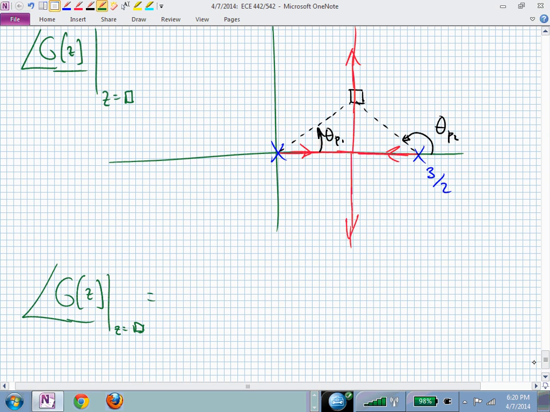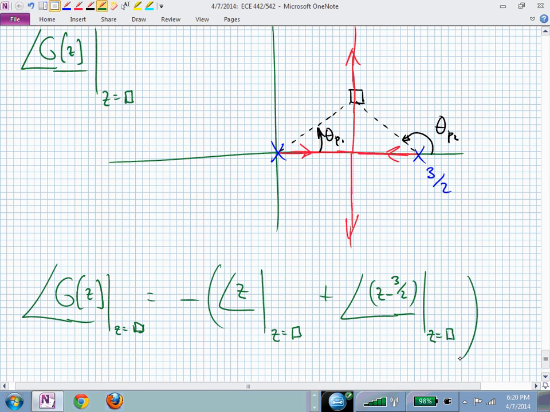I don't have any zeros, but I do have poles, so all of their angles are going to be subtracted. I have the angle due to the pole at the origin, and I want to evaluate that angle at the square. And I have the angle of the pole factor z minus 3/2, which I also want to evaluate at z equal to the square.